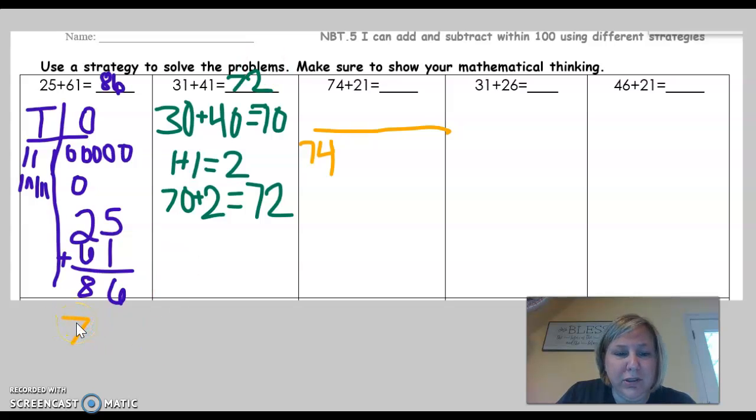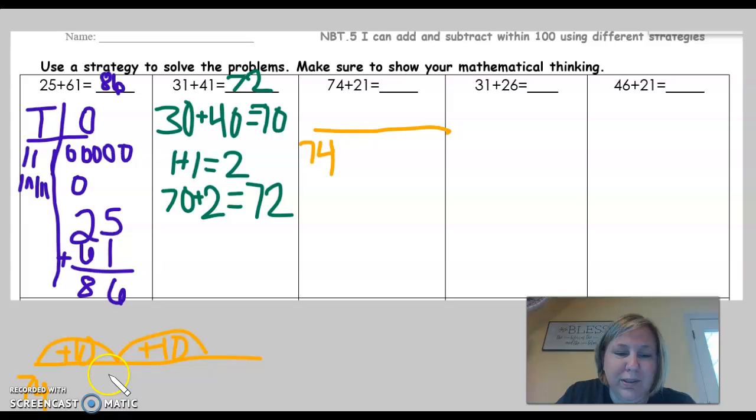So what you can do is, on your notebook paper, you would draw your open number line, do 74, and then I'm going to add 20. So I am going to do 2 groups of 10, plus 10 plus 10, because 10 plus 10 is 20.